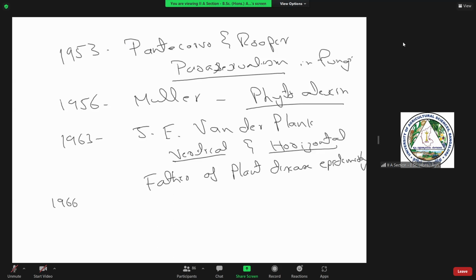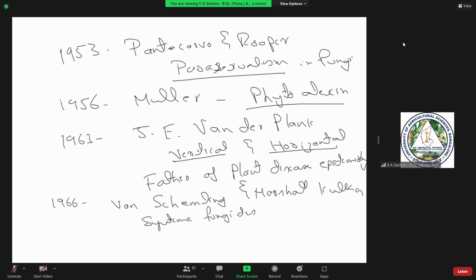In 1966, two scientists named Van Schemling and Marshall Kulka found the use of systemic fungicides, in particular the oxathiin compounds, especially carboxin and oxycarboxin.